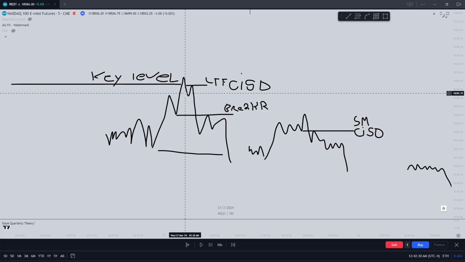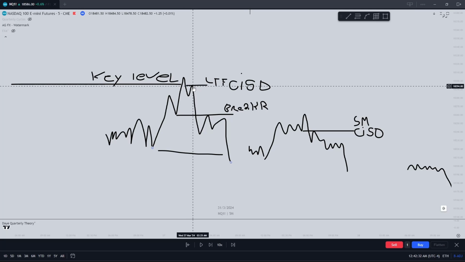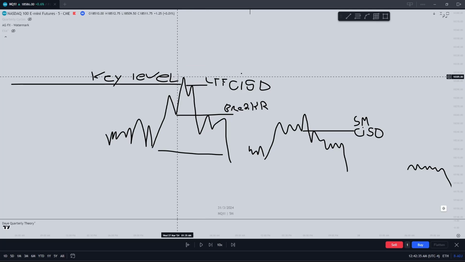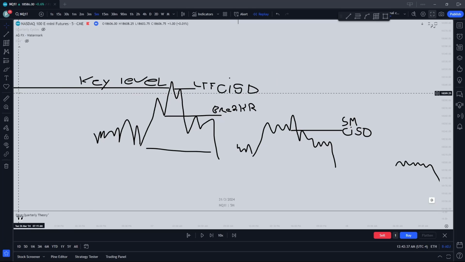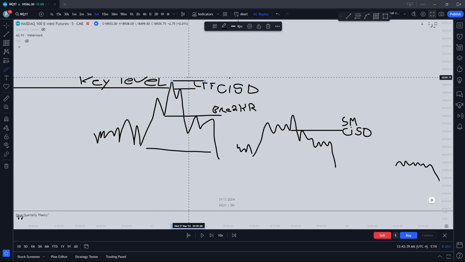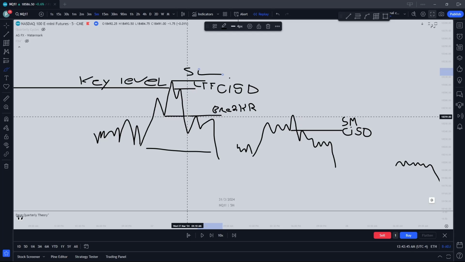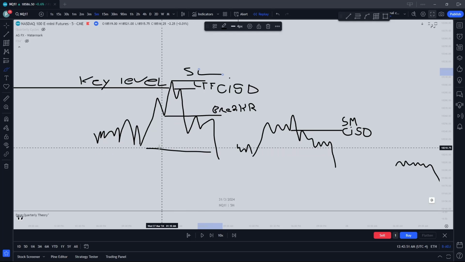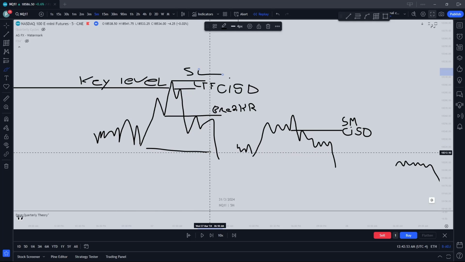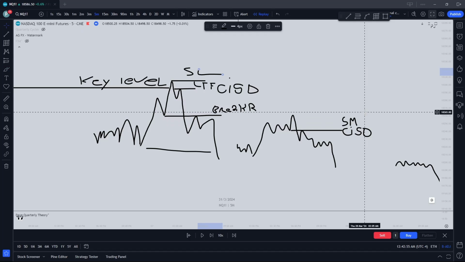We come back into the order block, we sell, stop above the high, sell some here, stop break even if you want to, react off the breaker, and then continue to finish the sell model, right?